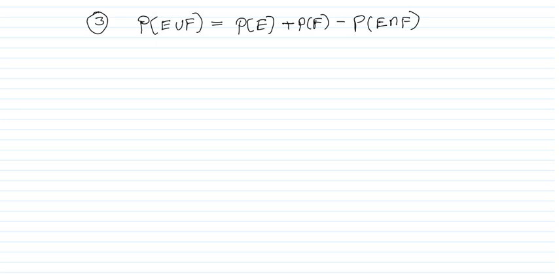So now you have two events of a sample space, E and F. Now you need to show that the probability of their union is equal to this. So how do you do it?